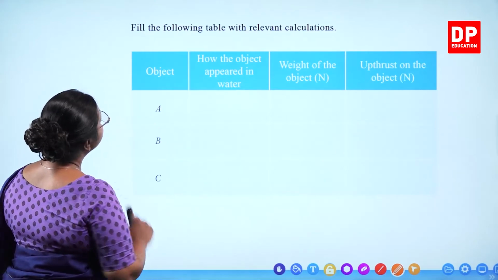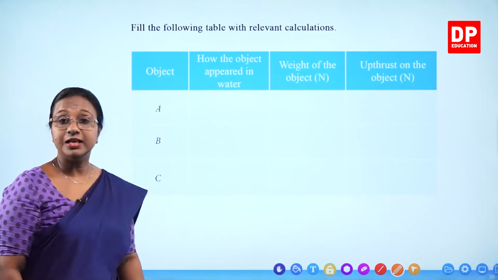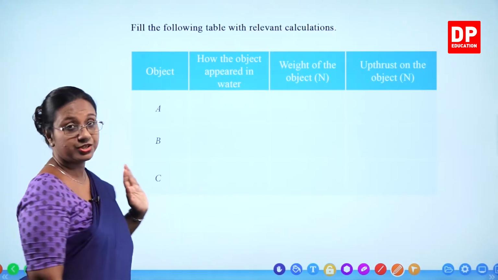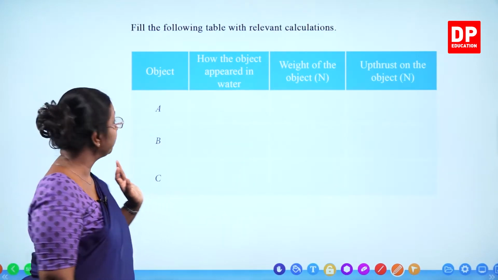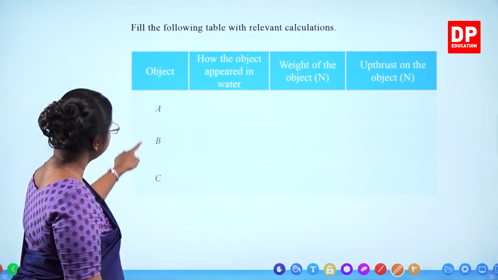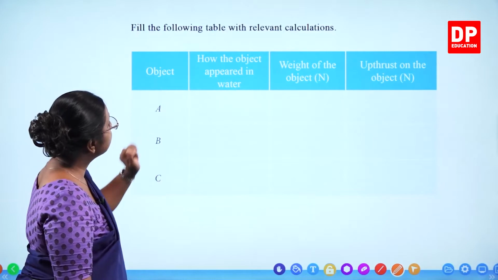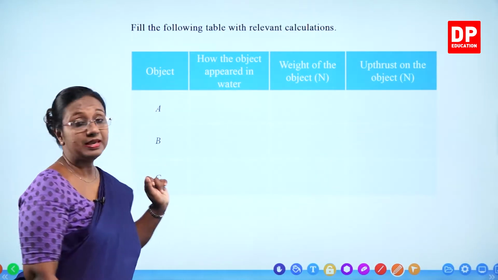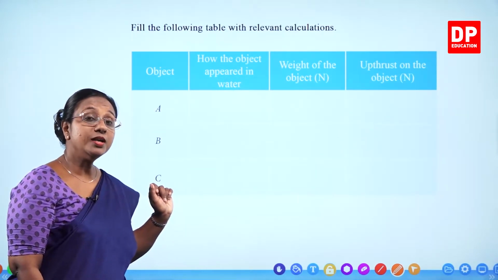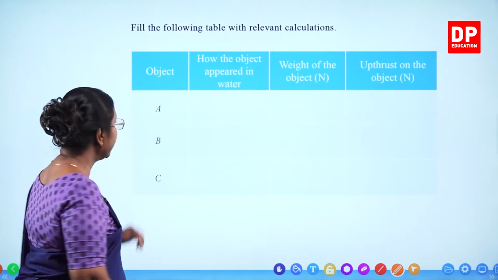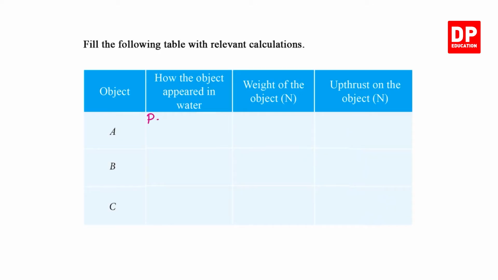So, here fill the following table with relevant calculations. I did the calculations before, we need to fill it up here. So, first column, object A, B and C. Then second one, how the object appeared in water. First one, partially submerged and floating.